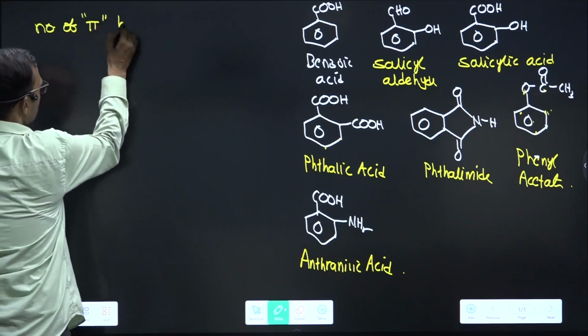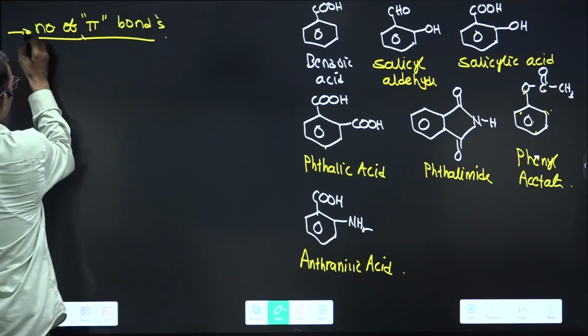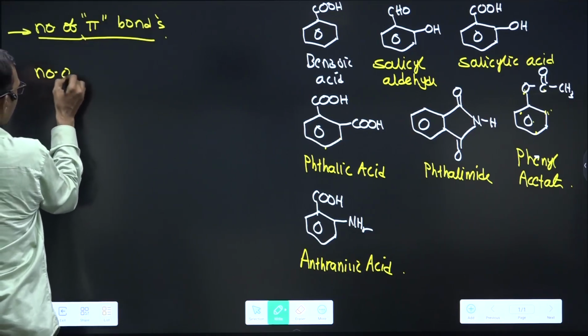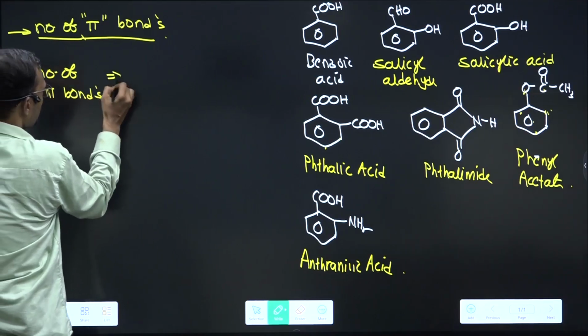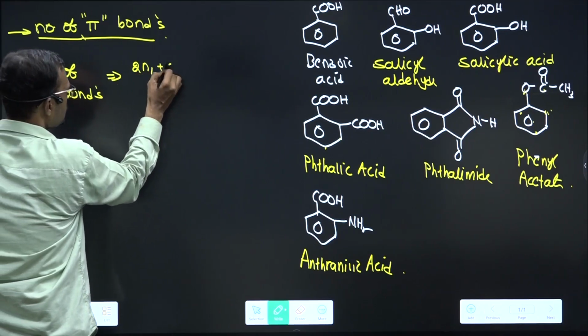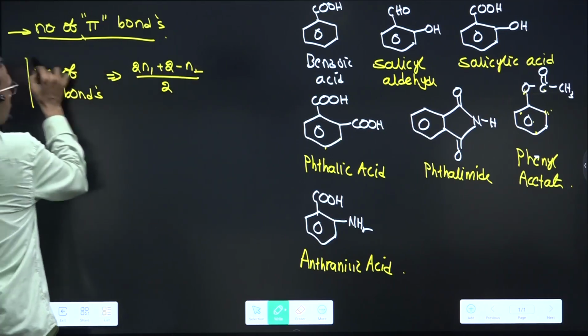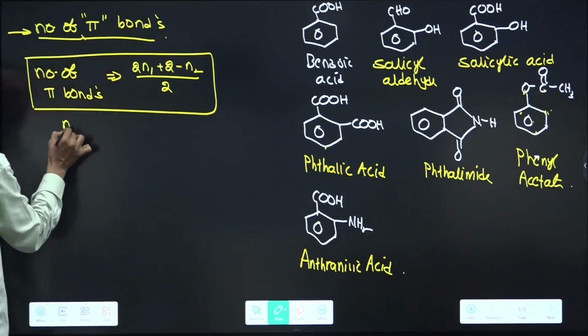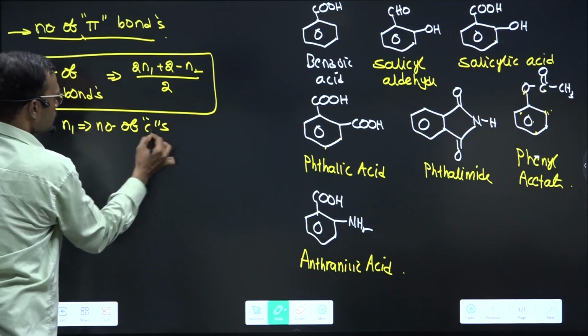Number of pi bonds. Yes, this is a simple formula. Already we discussed. So the number of pi bonds is equal to (2n1 + 2 - n2)/2. This is the formula. n1 is equal to what? Number of carbons. What about n2?